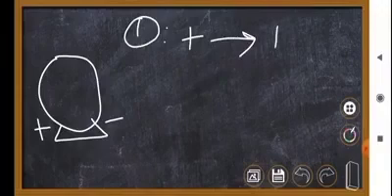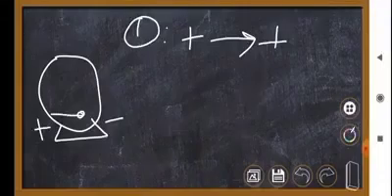So we have to understand that there are basically three principles of the galvanometer that are applied in making an ECG. First, when positive charge travels towards the positive terminal, the needle of the galvanometer deflects towards positive.